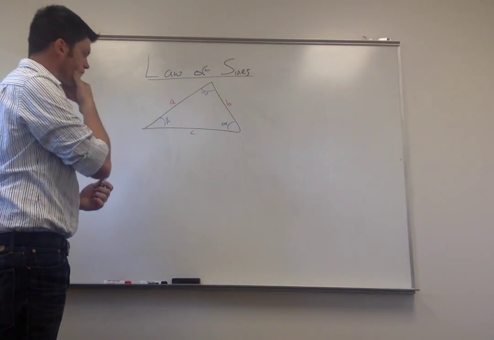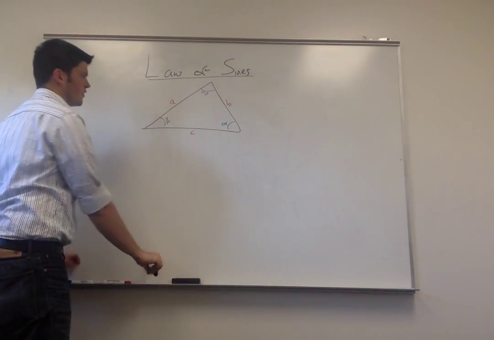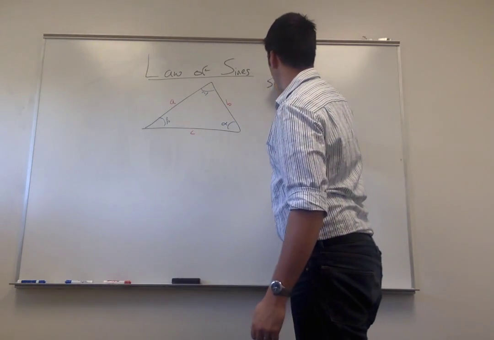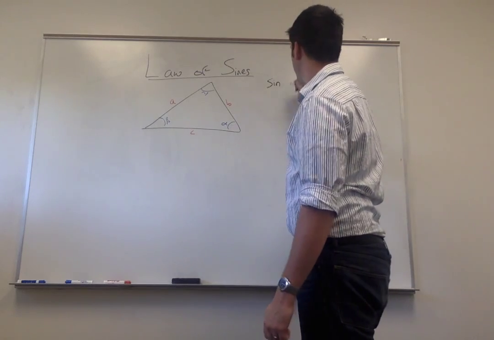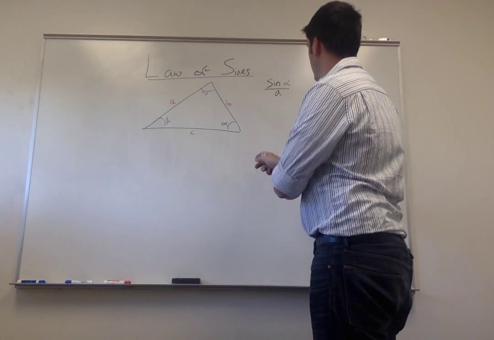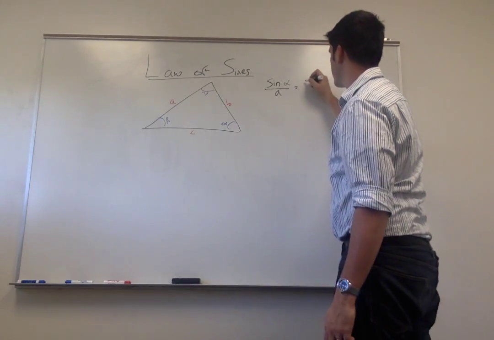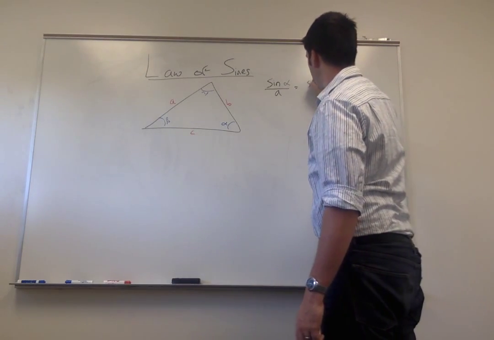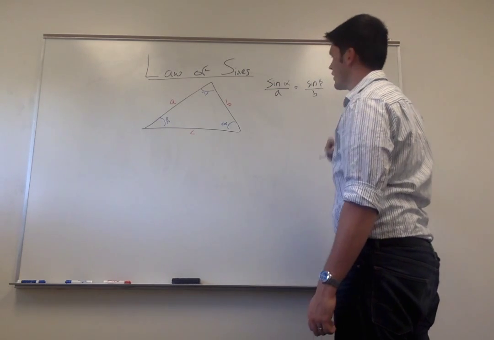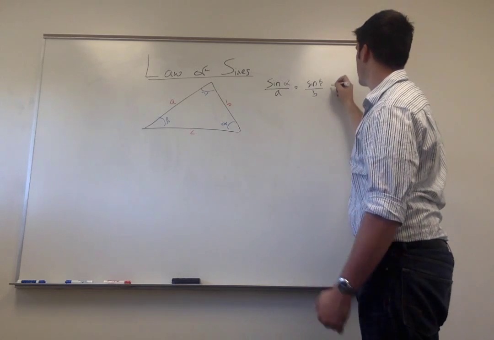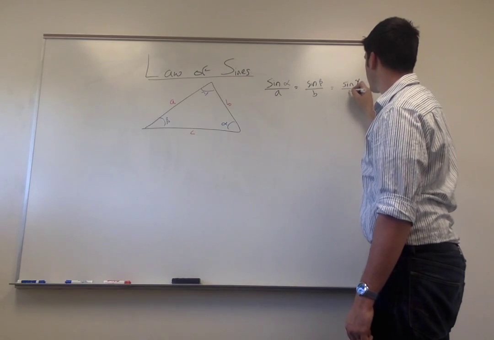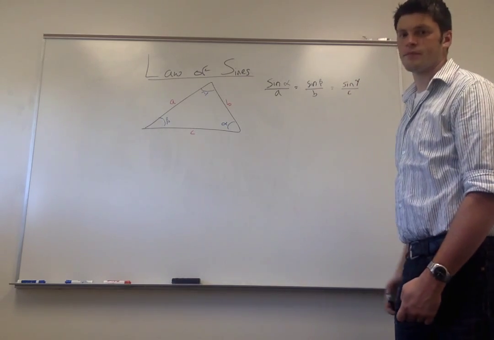Right? And so what the law of sines tells us is that we can take the sine of the angle alpha over side A, and we can set that equal to the sine of angle beta over side B, and both of those are equal to the sine of angle gamma over side C. Right?